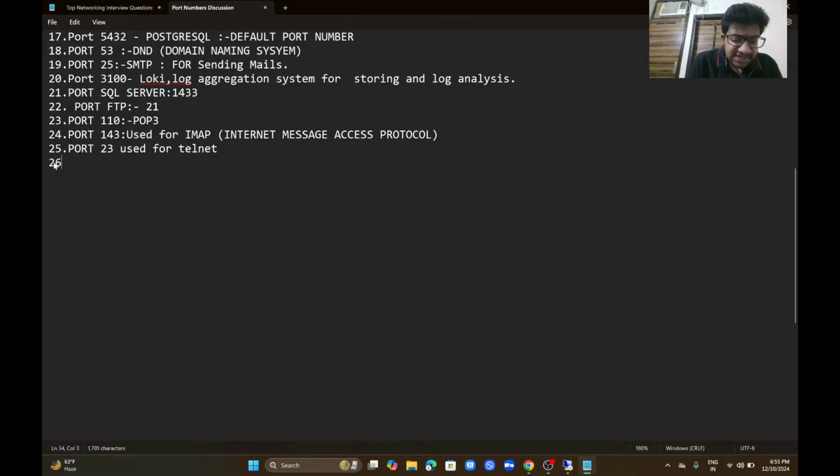And another thing is, some reserved port numbers are available. Reserved ports from the range 0 to 1023 are the reserved port numbers.